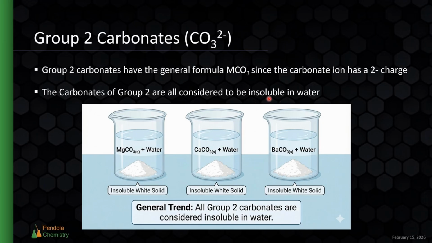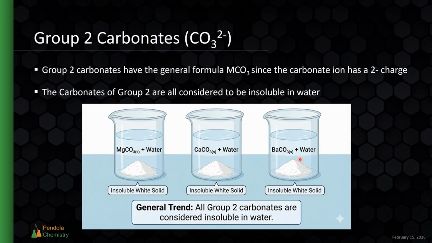There's no trend like with hydroxides where we saw that they became more soluble, or any trend like with sulfates where we saw that they became less soluble. With carbonates, it's just they're all insoluble. So they're all going to be these white solids that don't dissolve in water when we are looking at them.